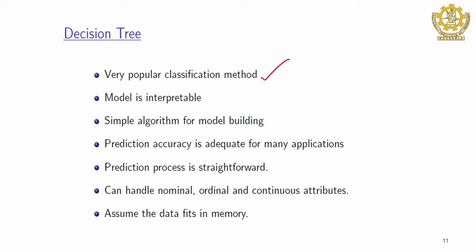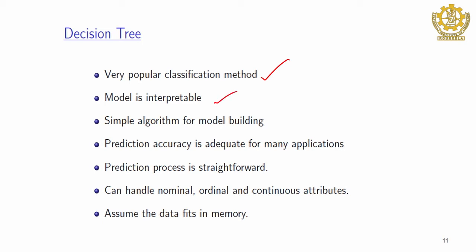Let us say in a recommender system, some product is recommended, but we are very curious to know why this product is recommended to me. Similarly, some recommender systems make you understand why this product is recommended.